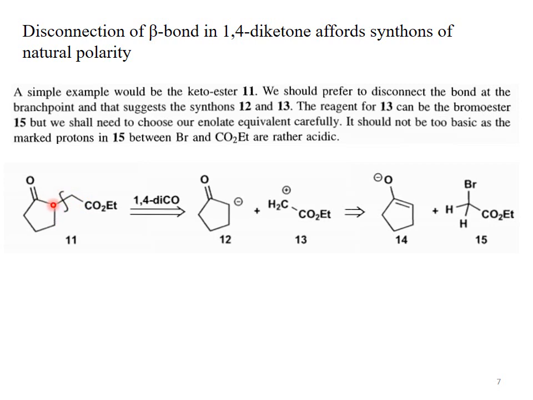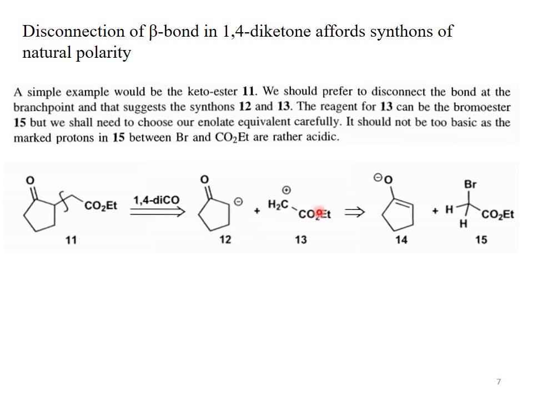So the middle bond, that is the beta bond, is present at the branch point. It's a branch: this ester group is attached to the cyclopentanone ring over here. So this is the branch point. The author suggests disconnecting the molecule from the branch point because that point is easy to disconnect.